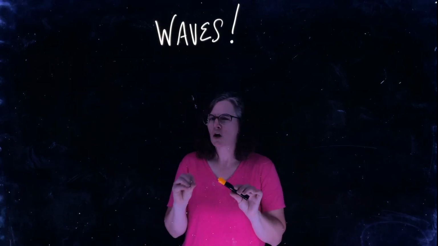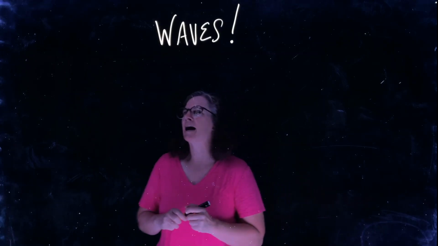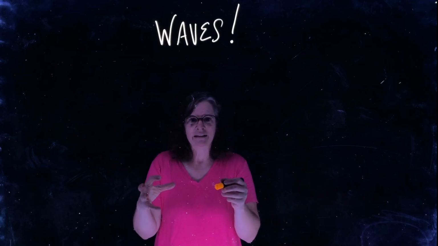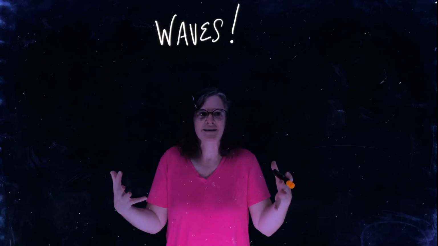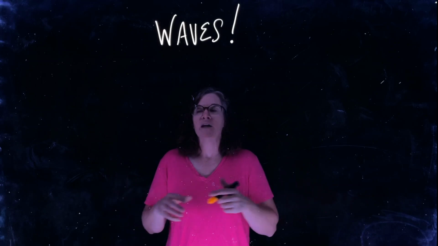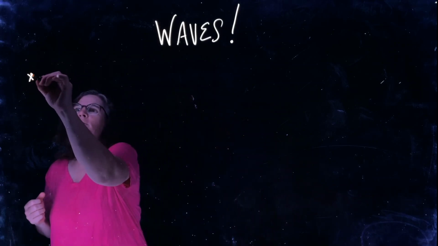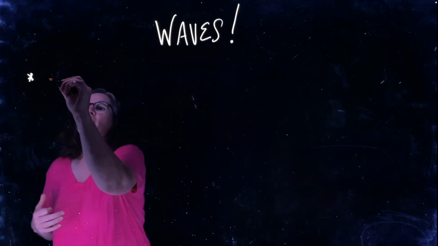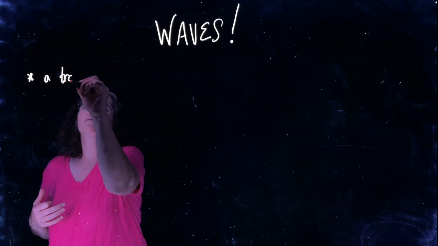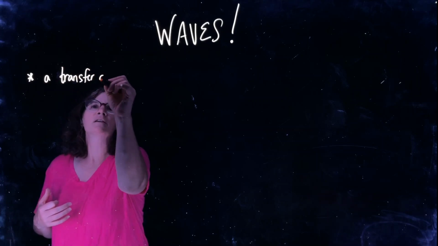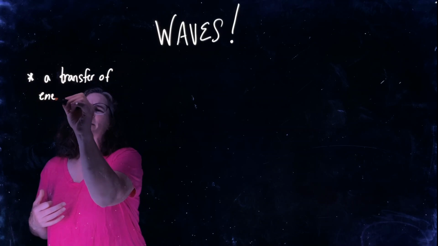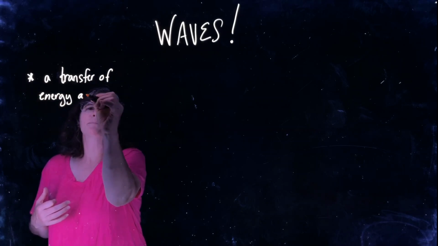So the first thing to know, to really embrace this idea, is that a wave is a transfer of energy through a medium. That's the first thing I want you to know about the definition of a wave. So what's a medium?